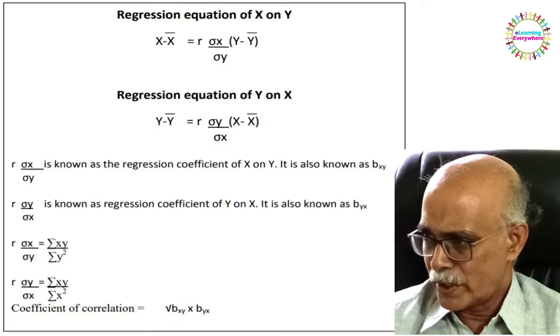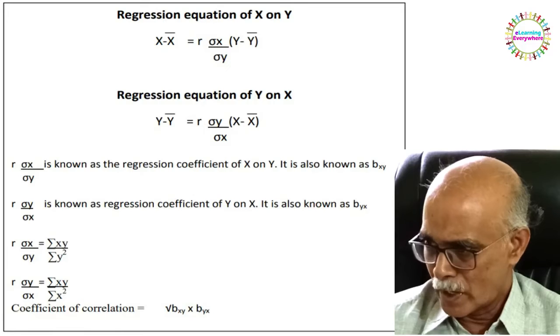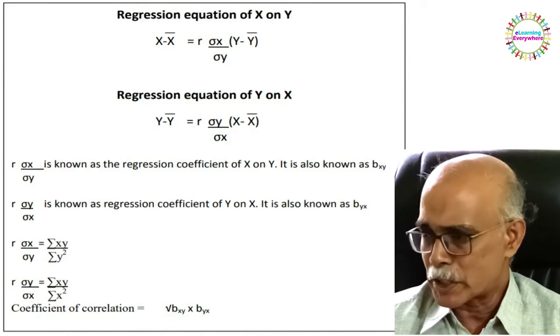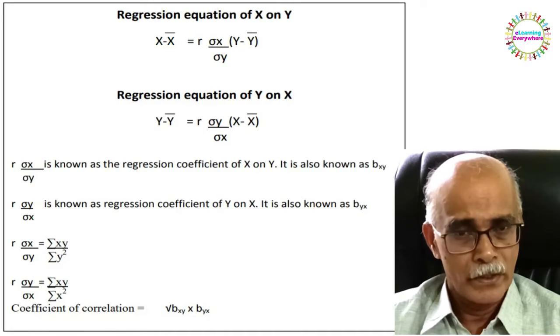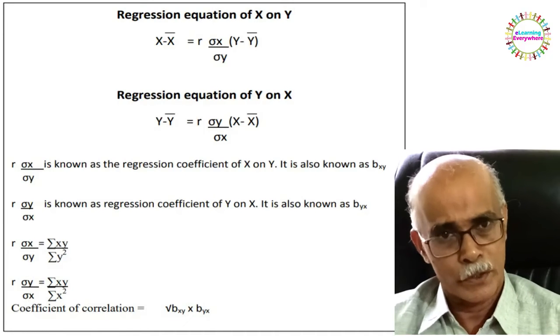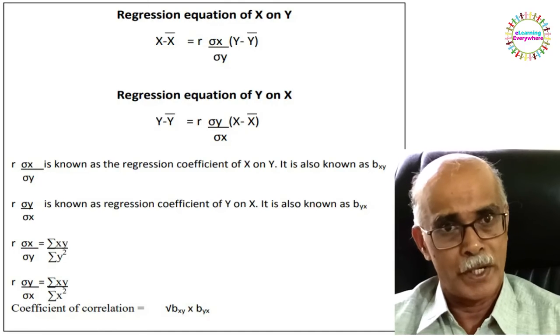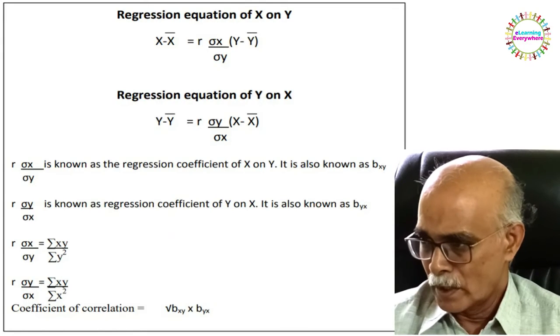The regression coefficient of x on y, r sigma x by sigma y, is equal to sigma xy divided by sigma y squared. Small x and small y show the deviations x minus x bar or y minus y bar.